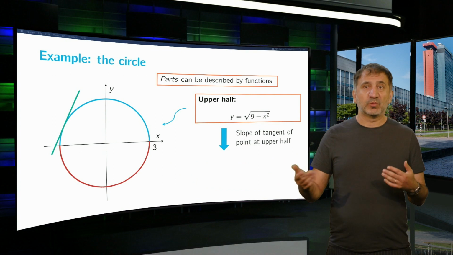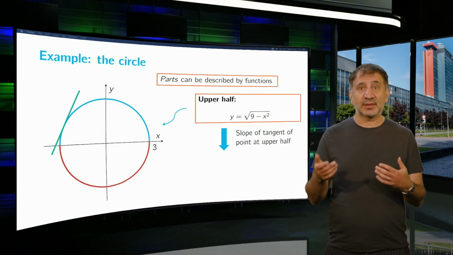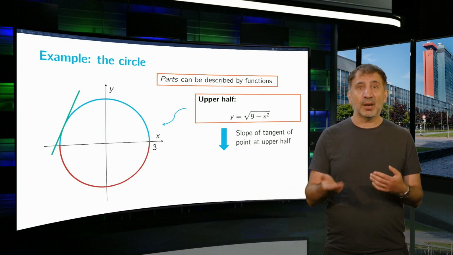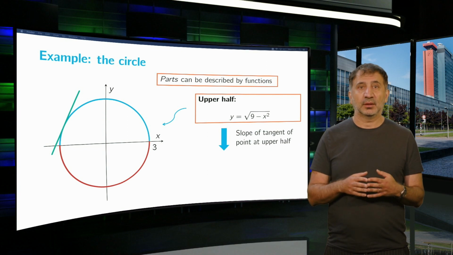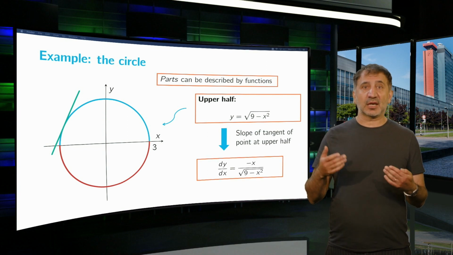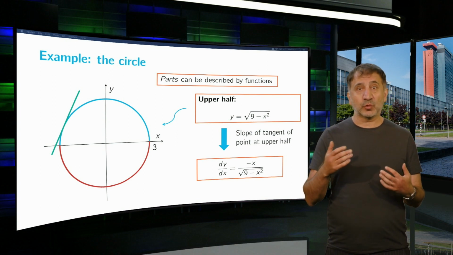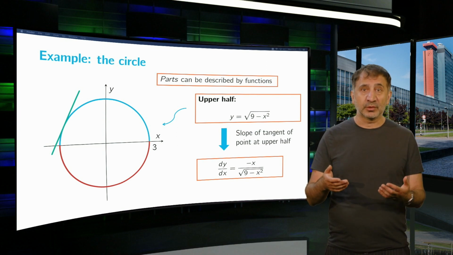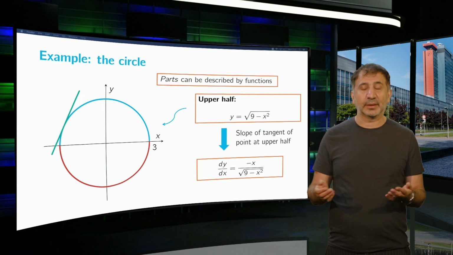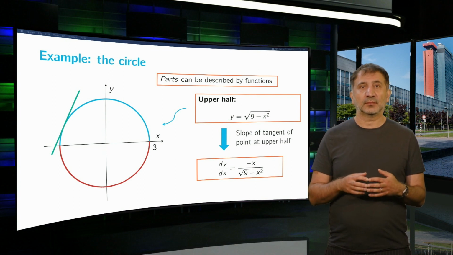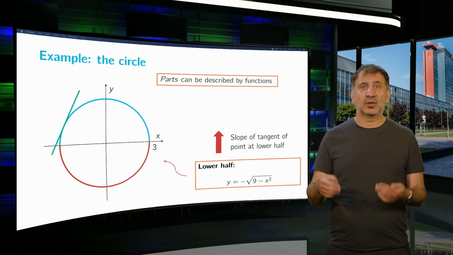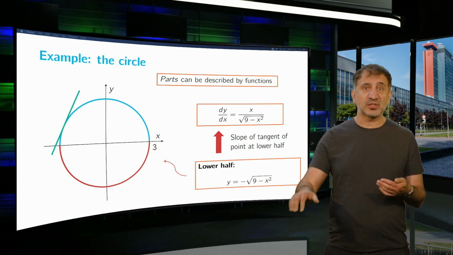Now suppose we want to find the slope of the tangent line at the point on the upper half of the circle. In that case, we take the explicit formula y is the square root of 9 minus x squared, and then we can compute the derivative in the usual way. And of course, we can do the same for the points on the lower half of the circle.